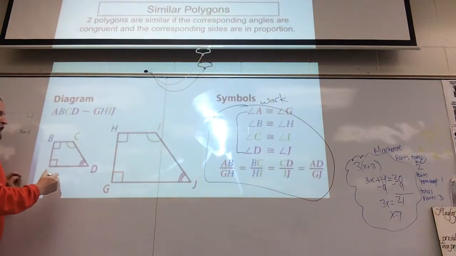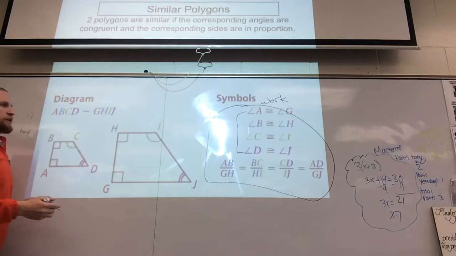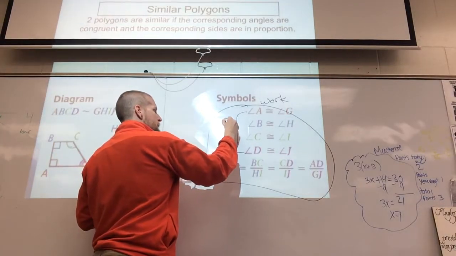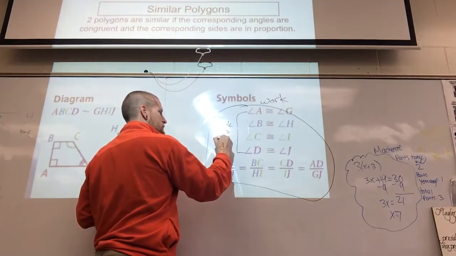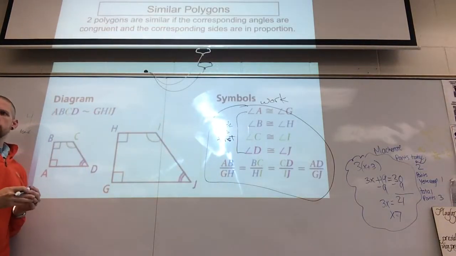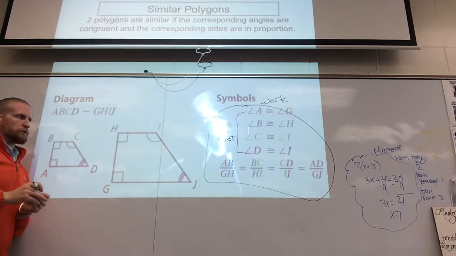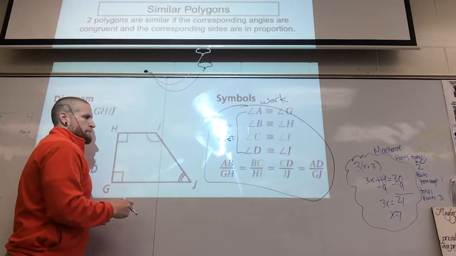So if two of these were missing, you would just say they're not similar. So check the angles first, just because that's the quickest thing you can check. You can usually do that by looking at what's marked off. There isn't really much else you have to do there.